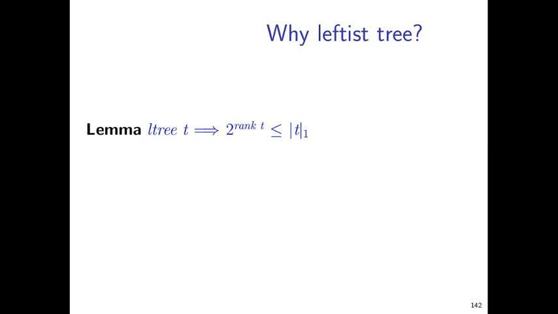We know that by the invariant. And we know that the rank of left is greater than this, also by the invariant, so the rank of the left one is greater than the rank of the right one.